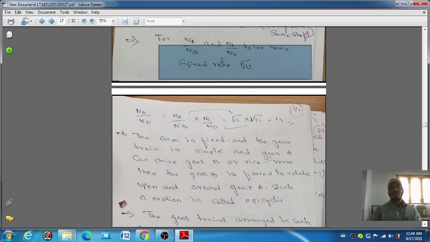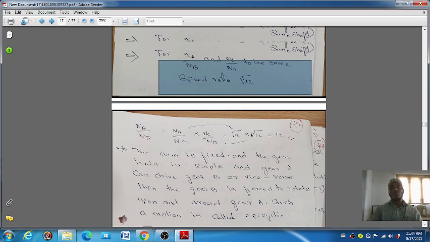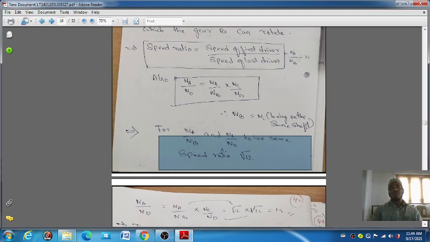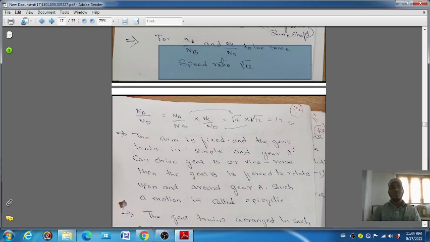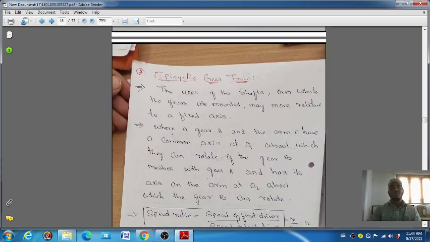Speed ratio, I am saying. Okay, so here you are taking root 12 as the value for the speed ratio. So root 12 into root 12, you will get the value 12. So that is your final value of the speed ratio.